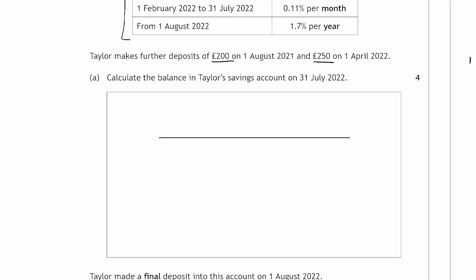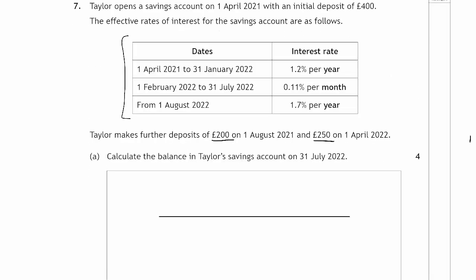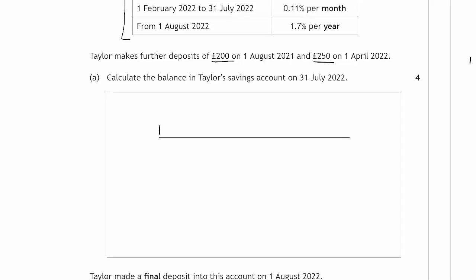Now, what we've got is the first deposit, and that is the 1st of April. I'm just going to draw a wee arrow here. January, February, March, April. So that's the first of the 4, and that was 21. Now that's a deposit of £400. At the top of the line I've got the deposits or the withdrawals and what dates they happen.